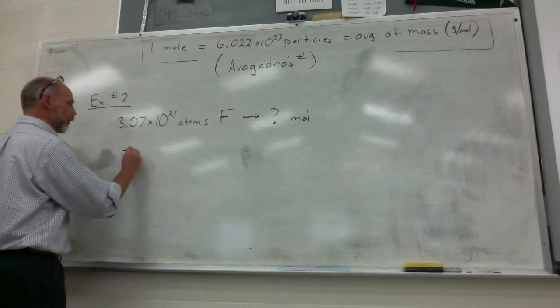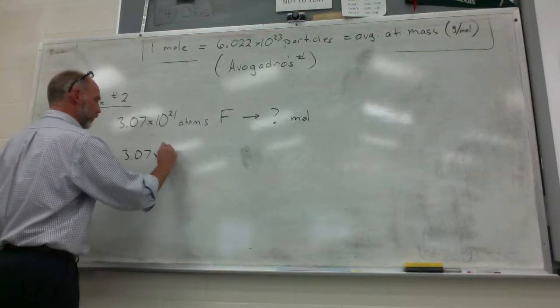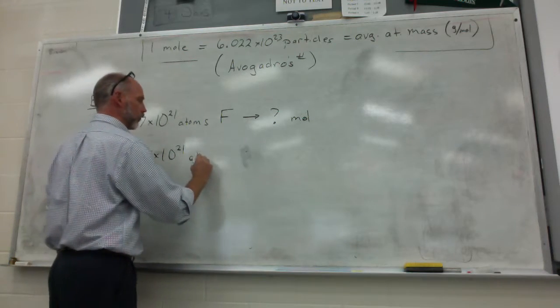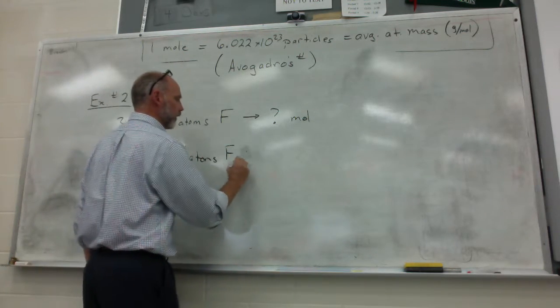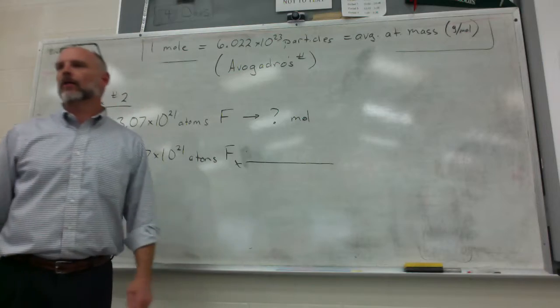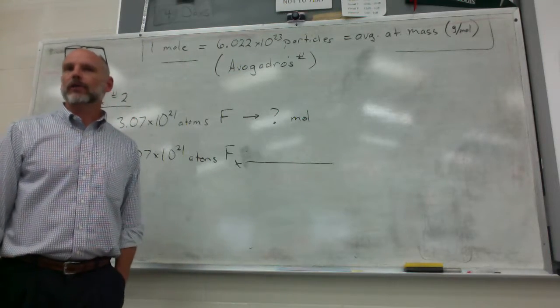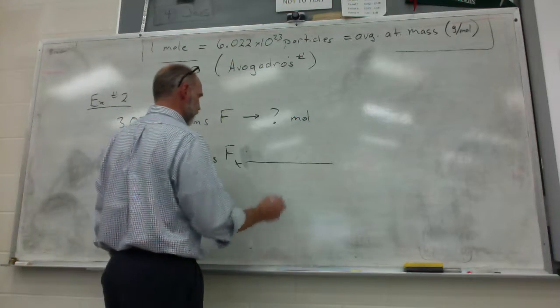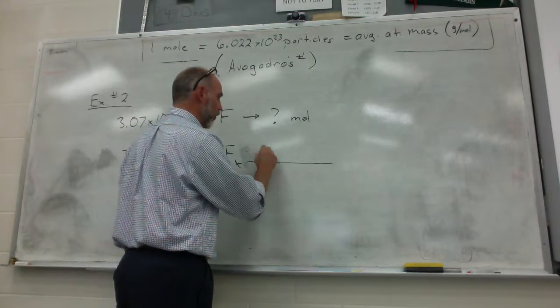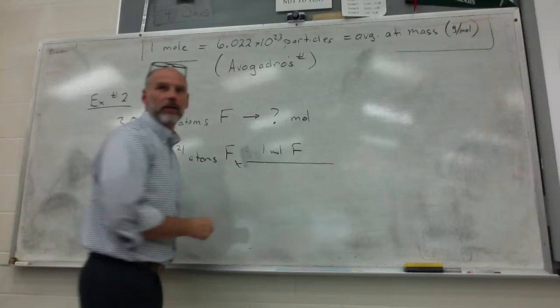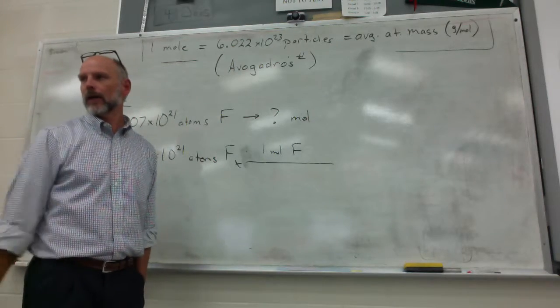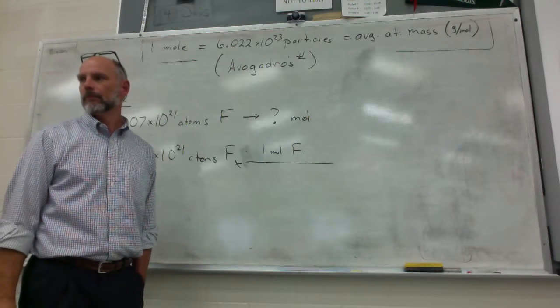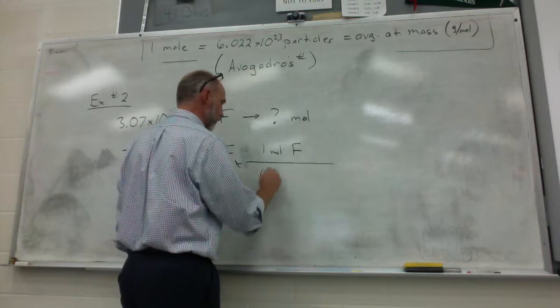So, 3.07 times 10 to the 21st atoms of fluorine. What goes in the numerator of my conversion factor? Joe? Yeah, 1 mole goes in the numerator. And what goes in the denominator then, obviously? Amber? The 6.022, Avogadro's number.